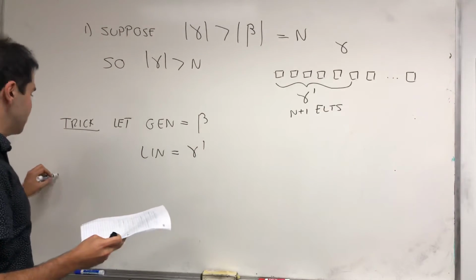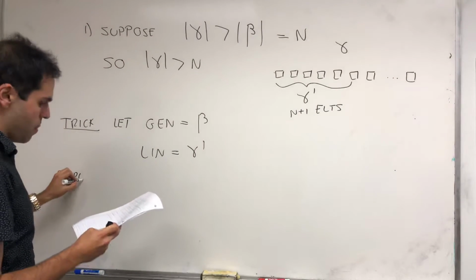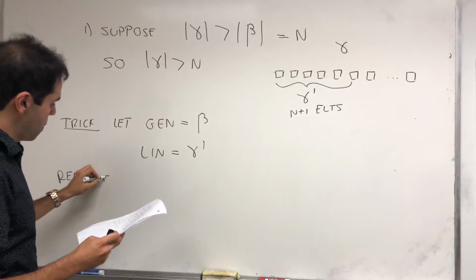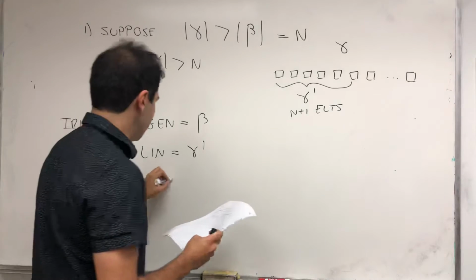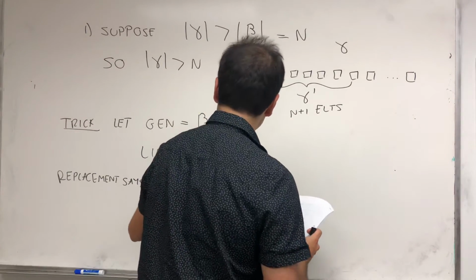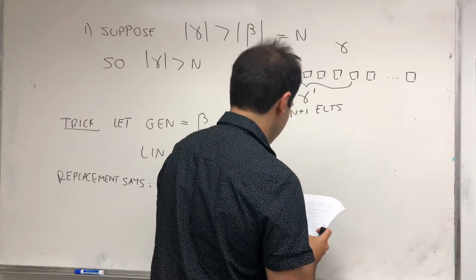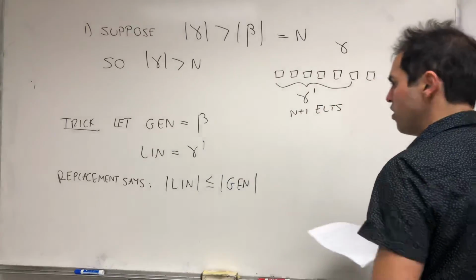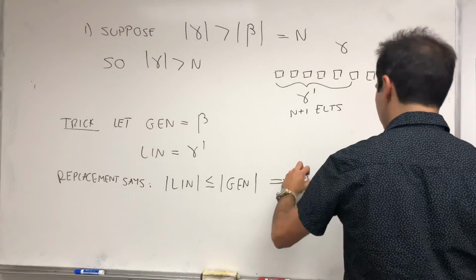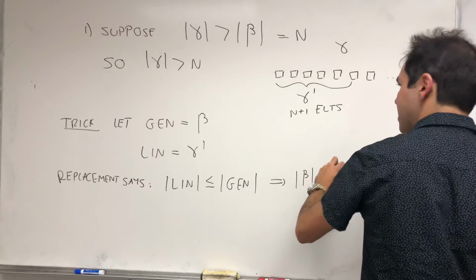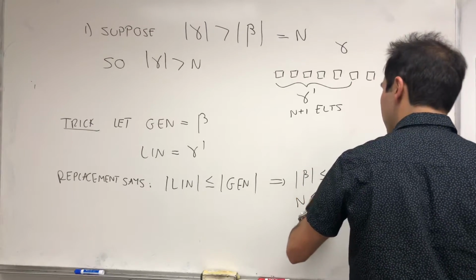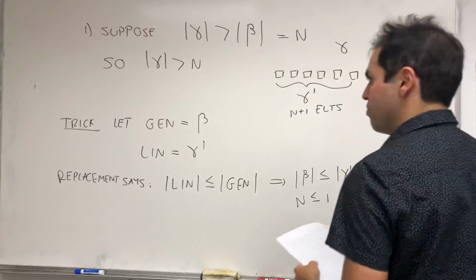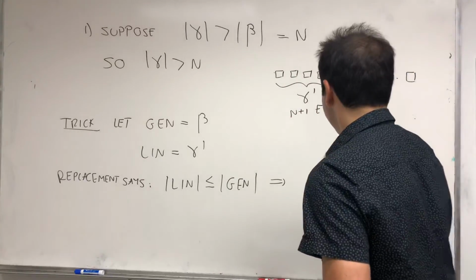Then what does replacement say? It says that ln has to have less than or equal to the number of elements in gen. In other words, the number of elements in gamma prime is less than or equal to the number of elements in beta.